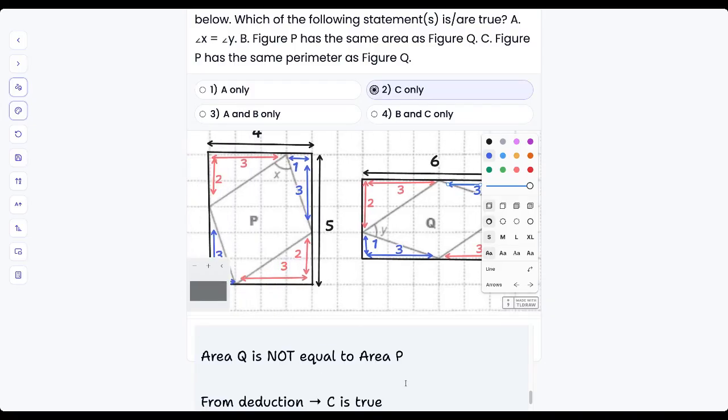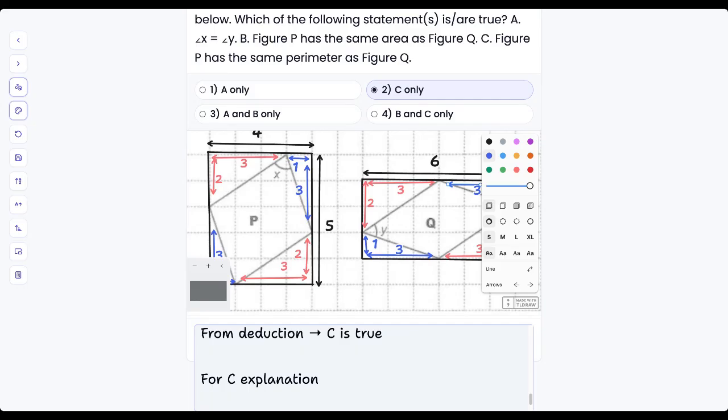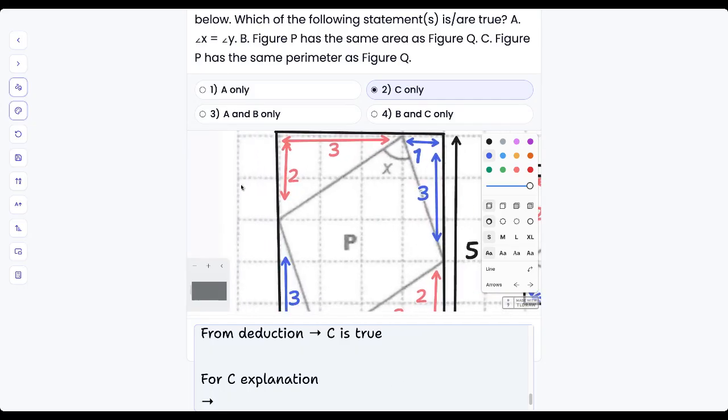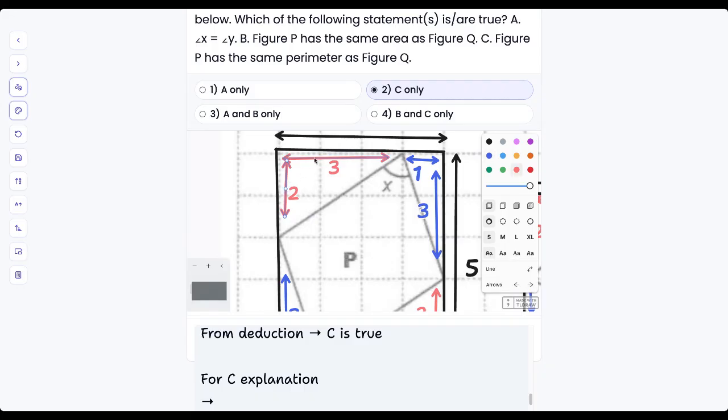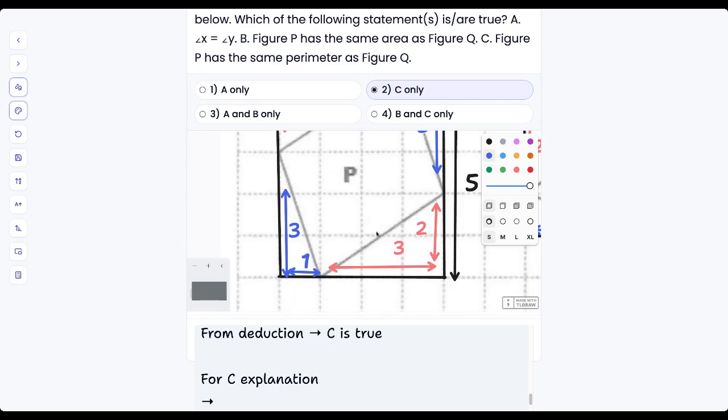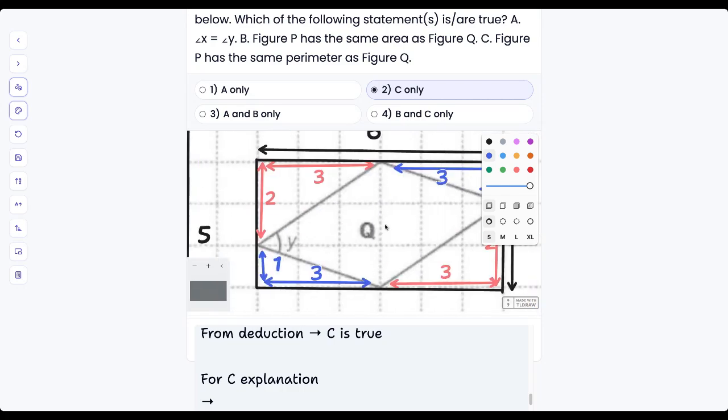But essentially, for C explanation, we can deduce that for a triangle that has the side 2 and 3, the slanted side will be the same, correct? So same goes with this as well, right?